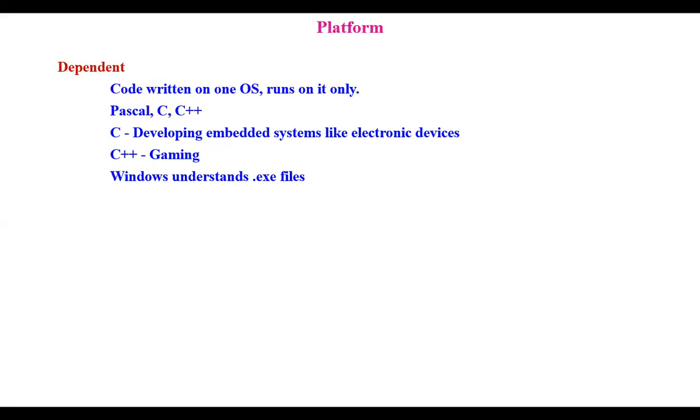We know how a high-level language is converted into machine-level language by a compiler. In this process, it creates .exe files. The .exe files are understood by the Windows operating system and are run on it. Coming to the Mac, it needs .dmg files.